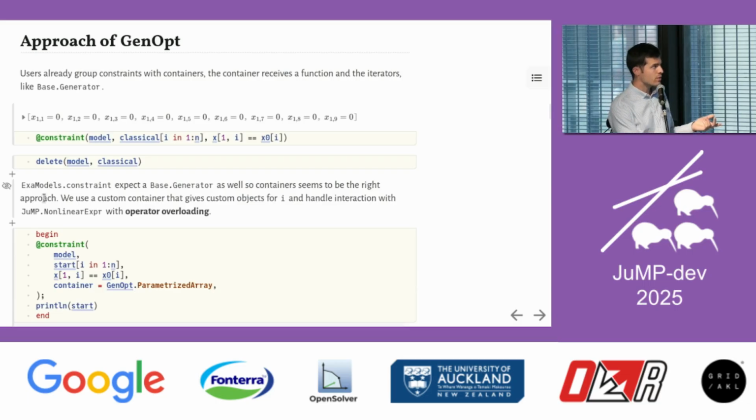This is very similar to how we handle containers in JuMP. When you define custom containers in JuMP, what you receive is also a Julia function giving you the new constraint for every iterate, and then the iterator. So in a sense, if we define a new container, we will receive a very similar object to what ExaModels needs.